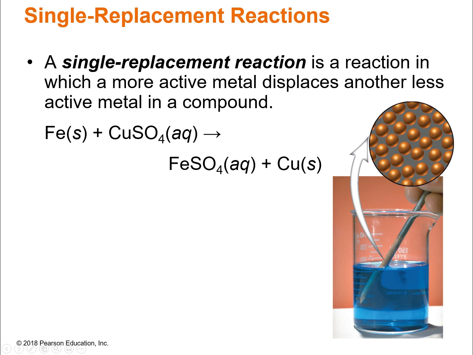As I said before, in a single replacement reaction, you have a more active metal displacing another one that's less active. So if you take solid iron, which in this image is this rod coated in iron, and place it into a beaker that has copper 2 sulfate, which is a lovely blue, what you'll see happen over time is the copper will precipitate out.